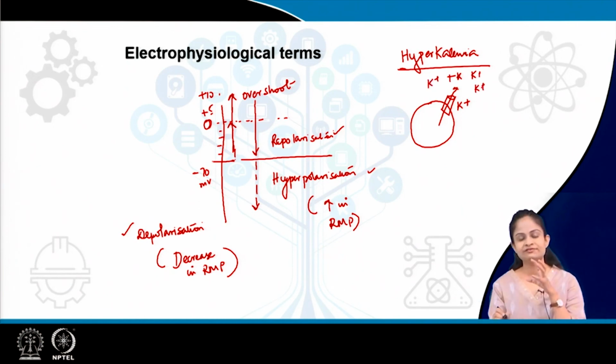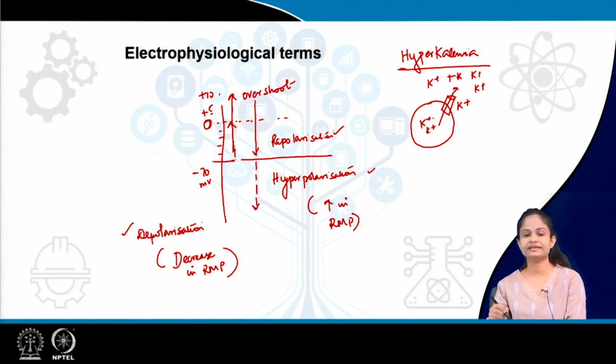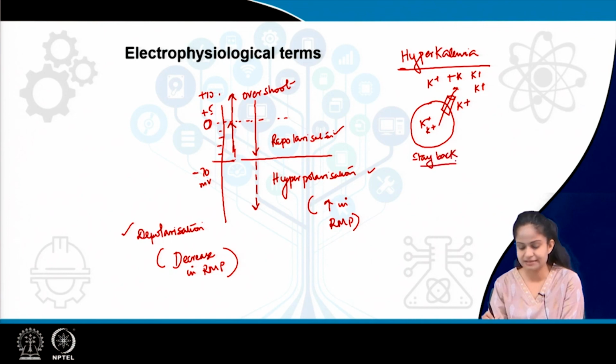So, when my positive ions or the cations or the potassium concentration is more extracellularly, it will hinder the potassium ions coming from the cell, which means it will prevent the flow of the potassium ions from inside to outside, which means the potassium will stay back in the cell.